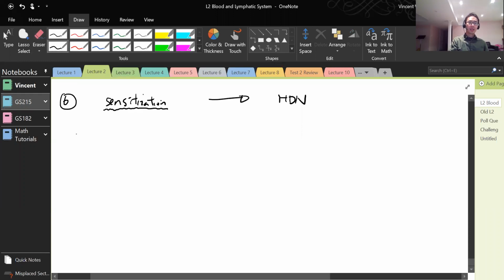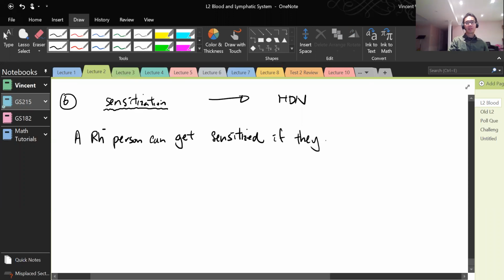Okay, so an RH negative person can get sensitized if they are exposed to RH positive blood. Okay, that's the first thing to know. Then what does it mean to get sensitized?